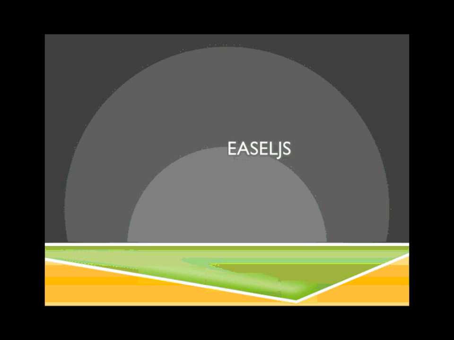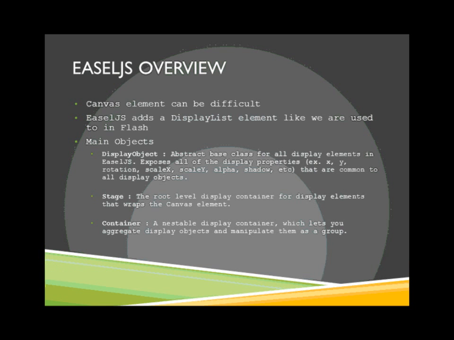So init, draw, and update are the typical game functions or methods that you call repeatedly to create a game. And Easeljs does a great job. This is a free, open source library that you can leverage in HTML5 to create really rich and robust games.